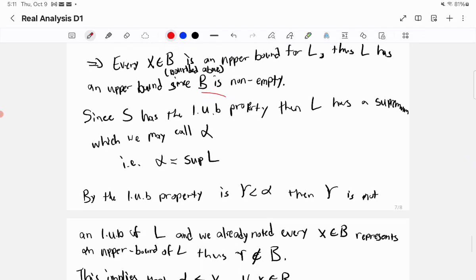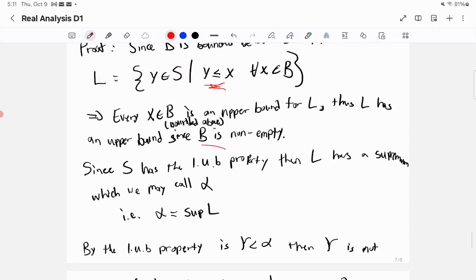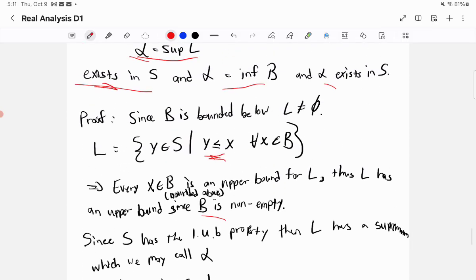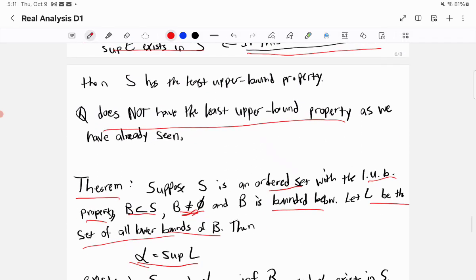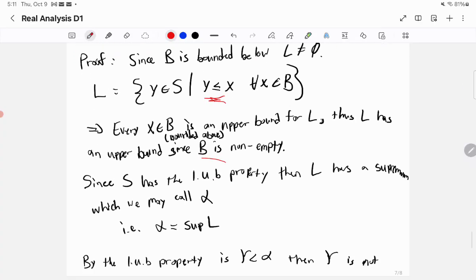Great. Now we already know that L is part of the set S, B is part of the set S, and we started off by saying S had the least upper bound property. So because of that, L has a supremum, which we can call alpha.